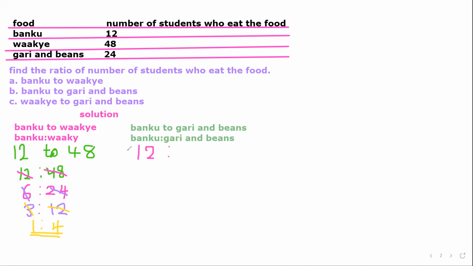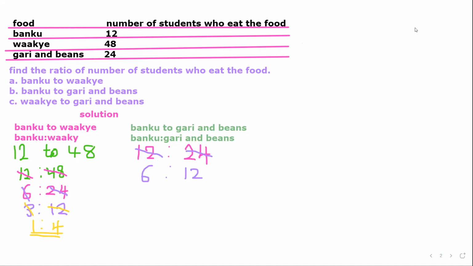Good. So here the number of students who prefer Banku is 12. And then the Gari and beans is also 24, okay? Good. Then you do your cancellation. So 2 goes here, 6. 2 goes here, 12.